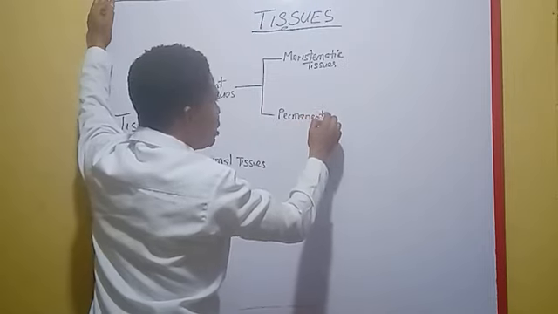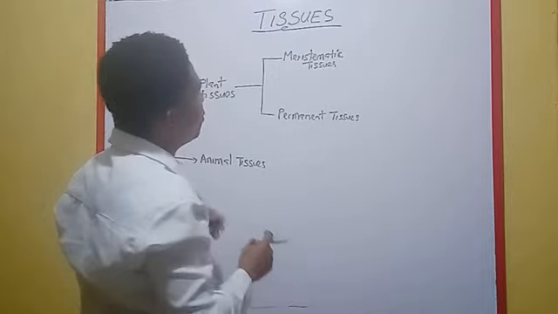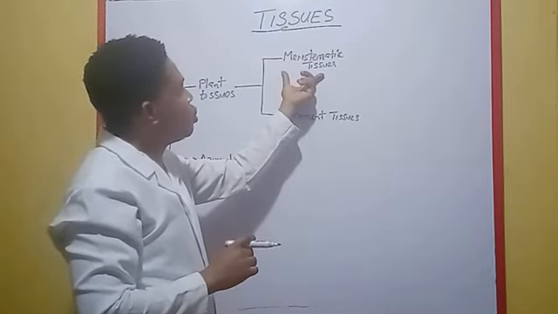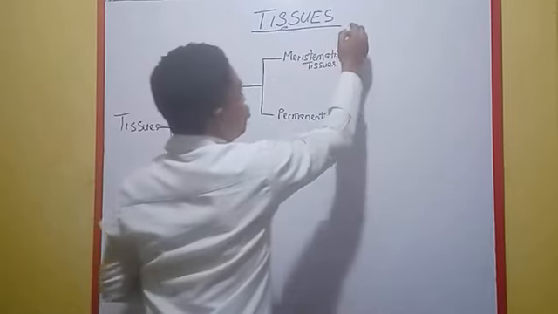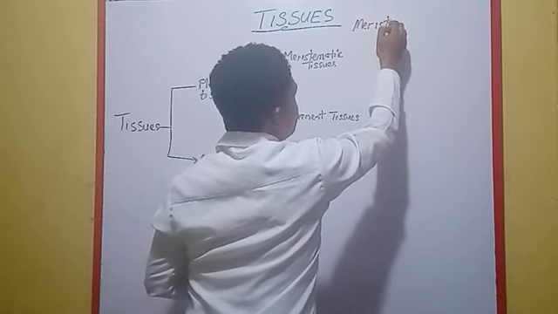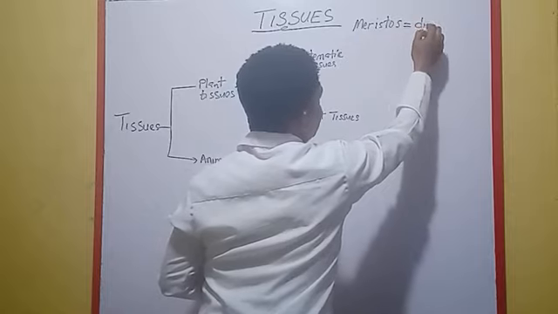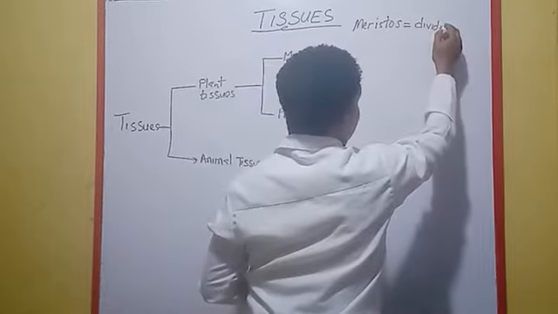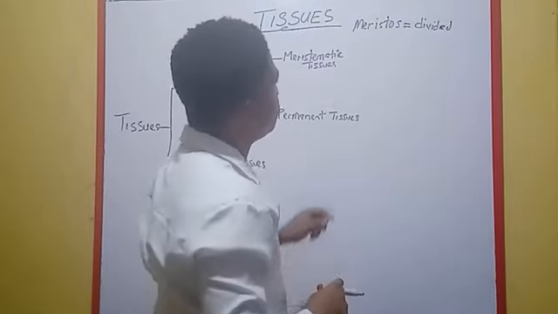Now the word meristematic is derived from the Greek word meristos, and meristos means dividing, or divided.